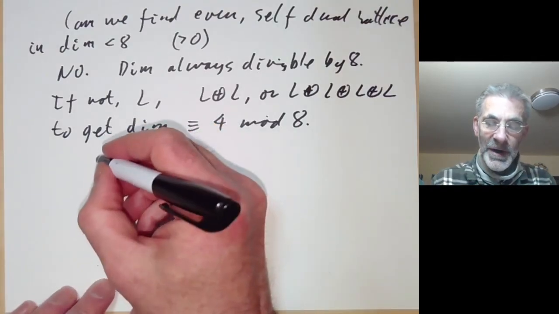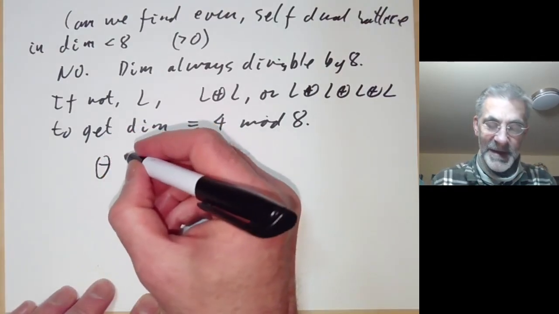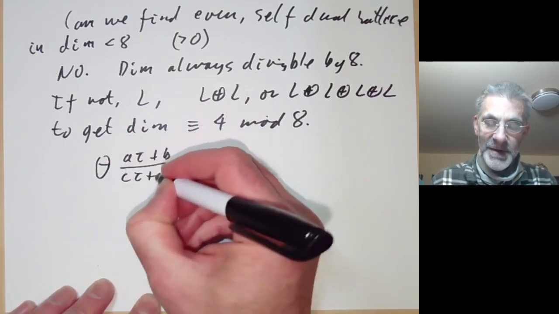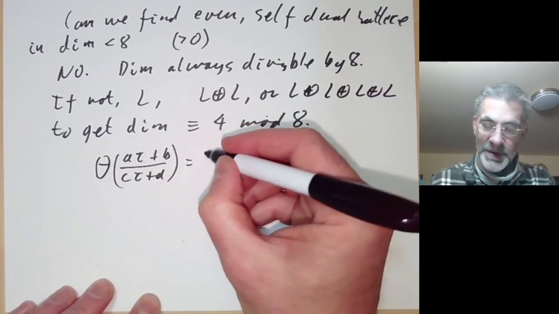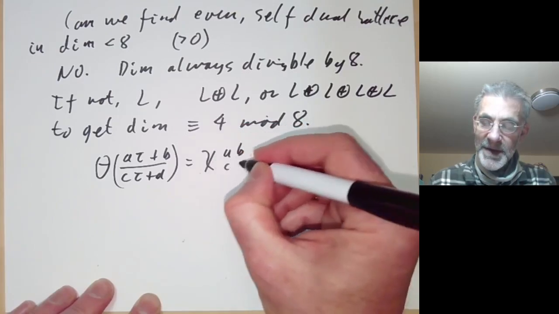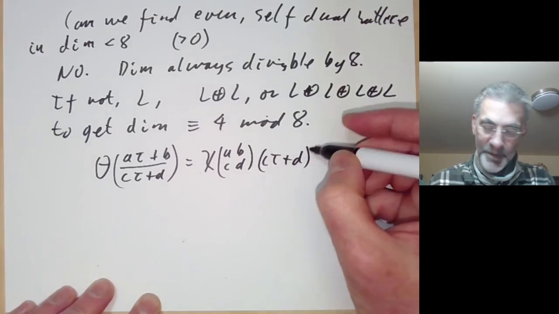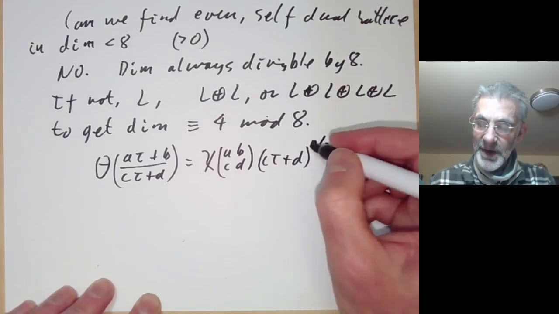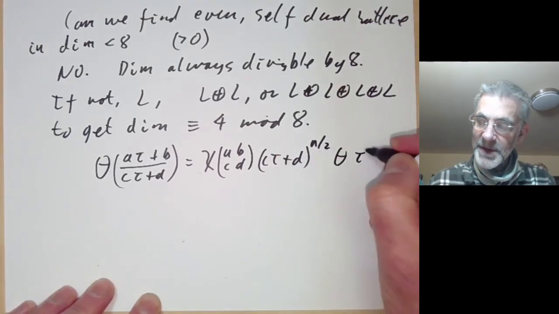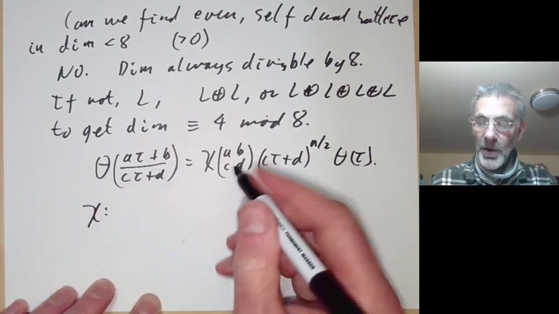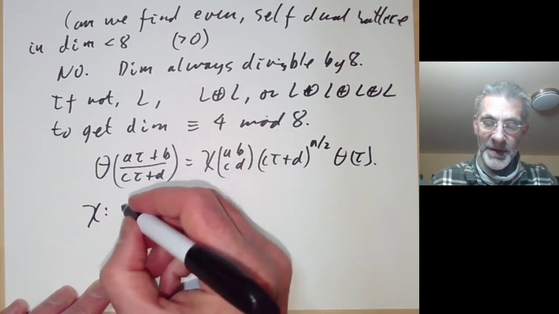And to do this, we notice that the theta function of the lattice satisfies theta of (a tau plus b) over (c tau plus d) is equal to chi of a, b, c, d times (c tau plus d) to the n over 2, where n is the dimension, times theta of tau, where chi is a certain character of an element of SL2.